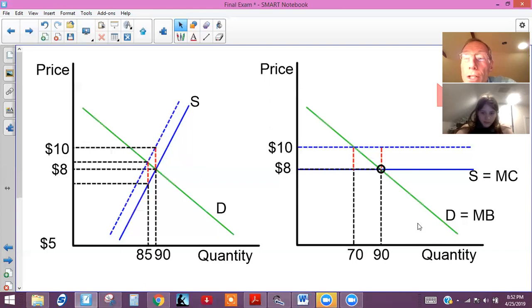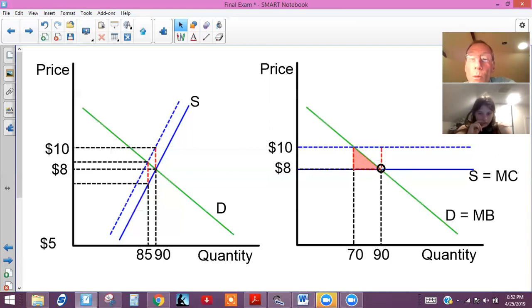So when the question comes about, does this tax create a deadweight loss? The answer is yes, because you're producing here at a lower quantity and a higher price than what is socially optimal, where demand equals supply, or where marginal benefit right here equals marginal cost. So you create this deadweight loss right here. Okay. Do you see that? Yeah. Okay. And that's about it.